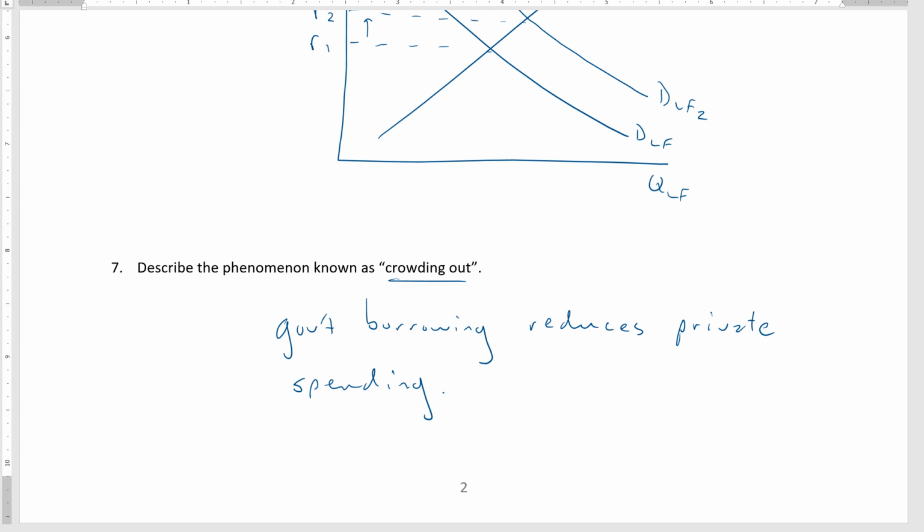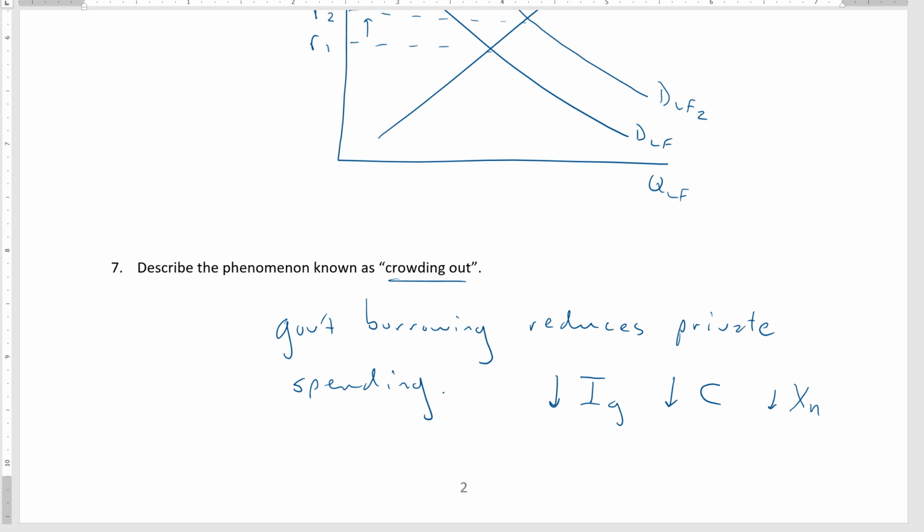And so when we shift aggregate demand to the right as a result of expansionary fiscal policy, it's very possible that it doesn't move as far to the right as we thought, because crowding out is going to reduce investment spending, it's going to reduce consumption spending, assuming it's interest rate sensitive, and because the higher interest rate appreciates the dollar, it can also decrease our net exports.